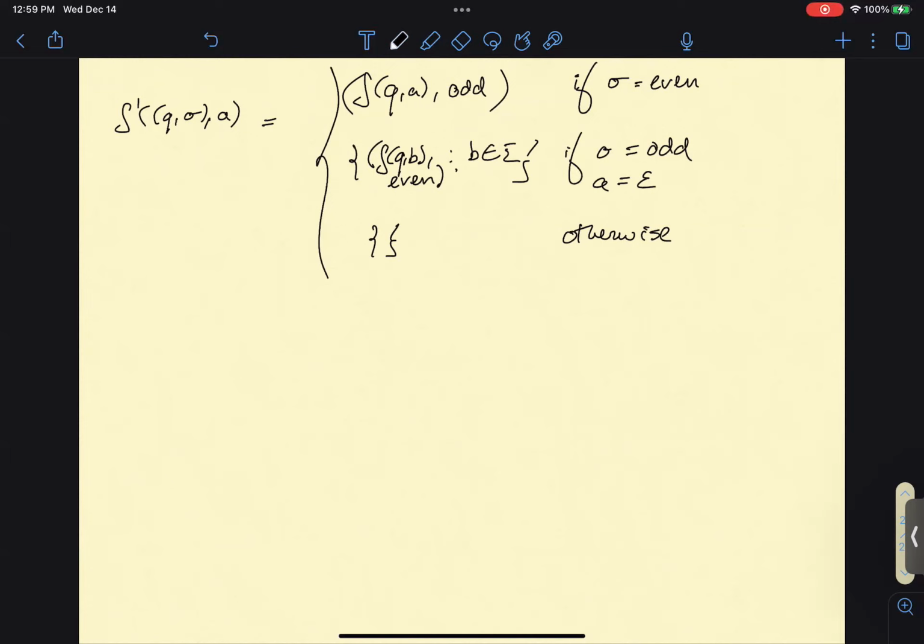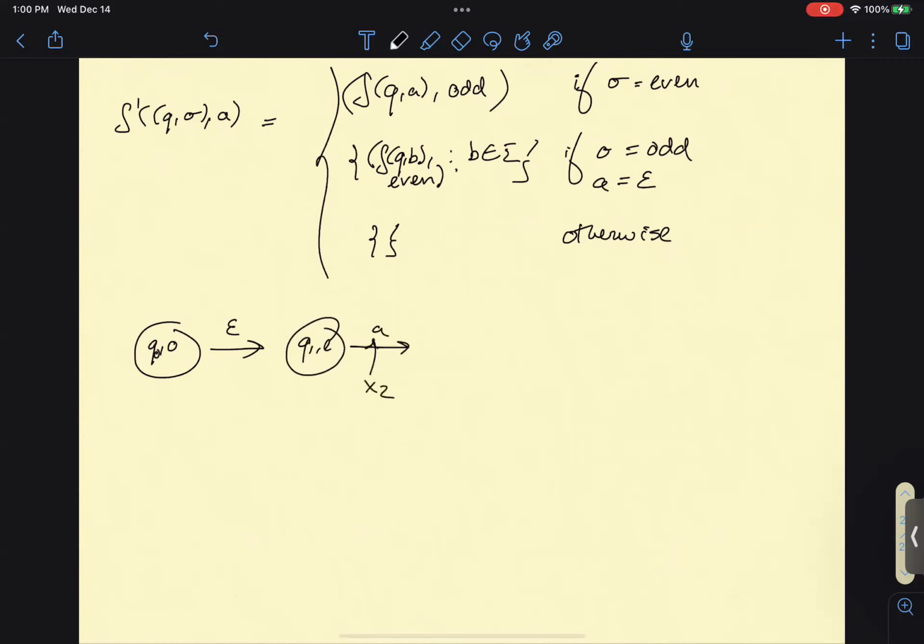The last thing I want to show you is, I start in Q0 odd. Then I simulate whatever. Suppose I go to Q1 even. Then I read an A. So this is position X2. This is anything at X1. It could have been A or B. Then maybe I go back to Q0, and now I'm back in odd.